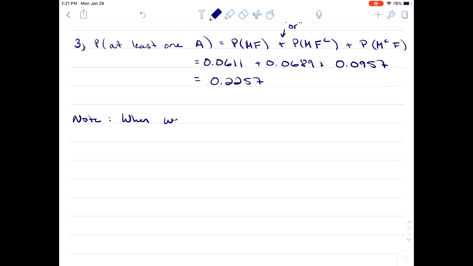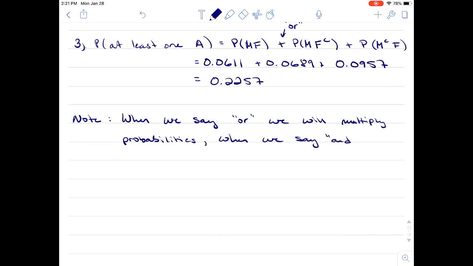When we say or, we will multiply probabilities, and when we say and, wait, no complaints out there? Just a little confused.